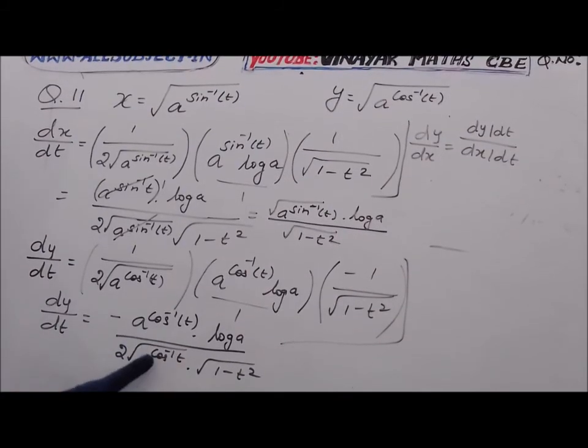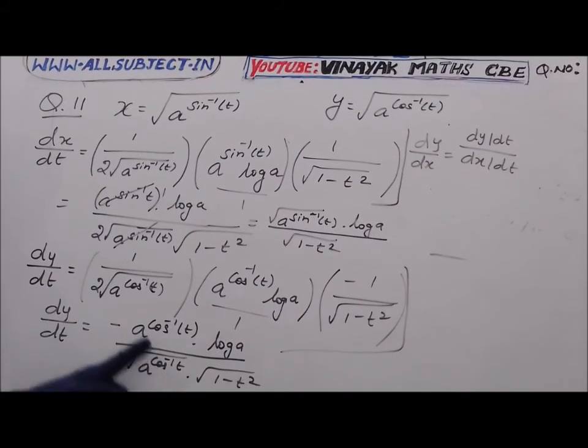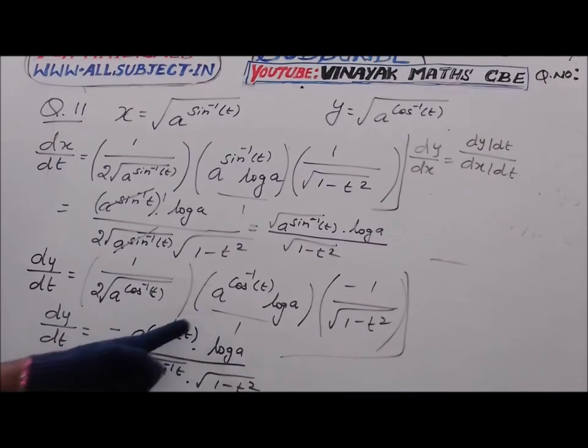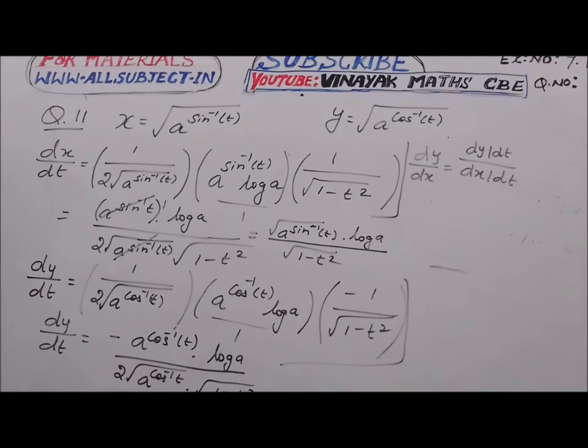And moving here. Here also we can simplify it. Root of a power cos inverse t and a power cos inverse t get cancelled, and then the remaining numerator is root of a power cos inverse t.